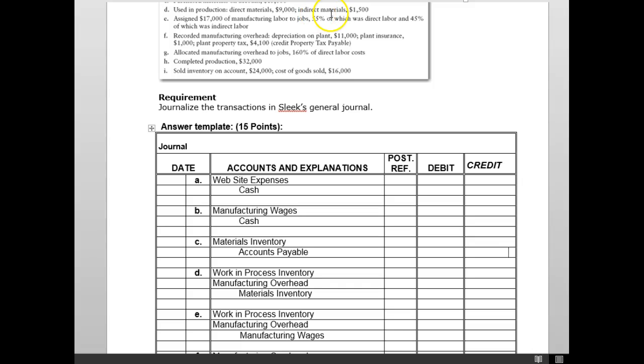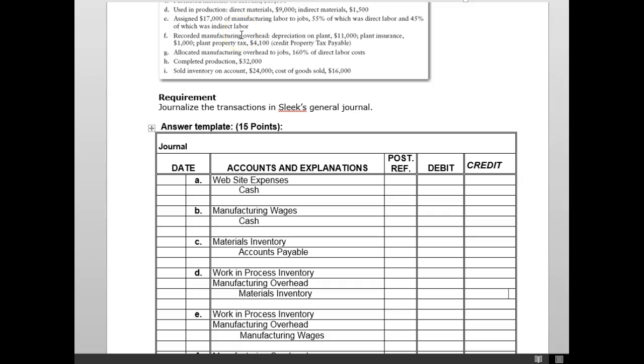Indirect materials, $1,500. Well, as we've done all the way throughout this entire exercise, indirect materials go to manufacturing overhead. Work in process receives the direct materials that combined together creates the withdrawal from the materials inventory.